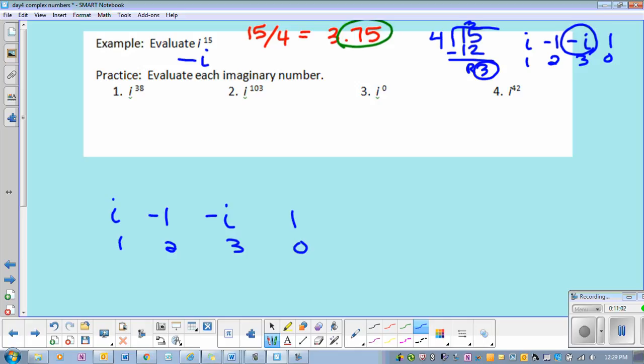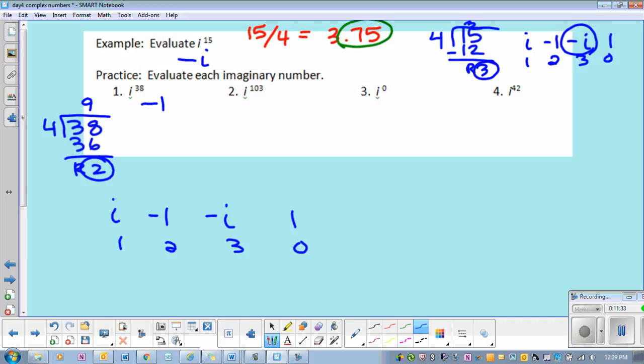Okay, let's try 38. 38 divided by 4, the closest I can get is 9, so the remainder is 2, and this is negative 1. If you use a different way, like the decimals, make sure that we get the same thing. Did you get negative 1? Perfect. You have a choice of using any of the 3.